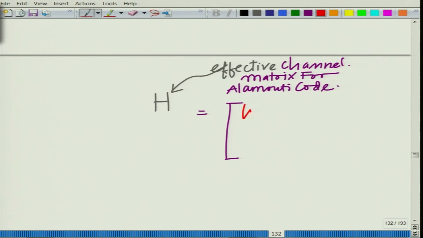H1, H2, H2 conjugate, minus H1 conjugate.